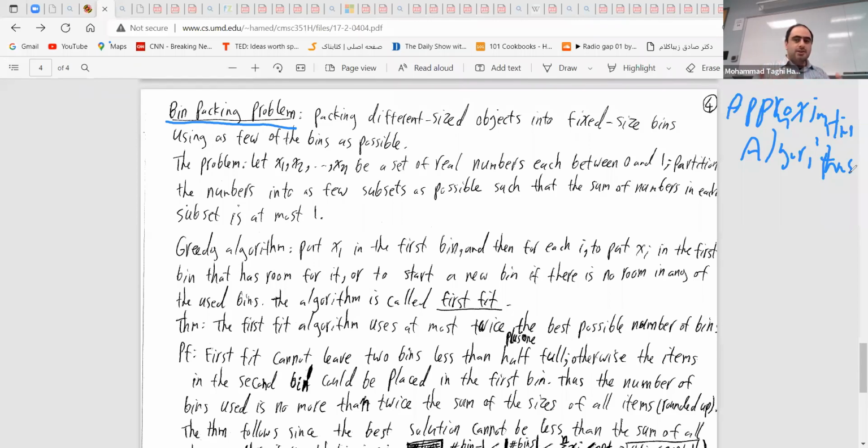Approximation algorithms are for problems where you generally want a very fast algorithm, or problems that are NP-hard, that we cannot solve exactly. So far, we don't believe there's a polynomial-time algorithm. So we cannot find the exact answer, but maybe we can find an approximate solution. Generally, we want some approximation factor which is close to 1. 1 means exact.